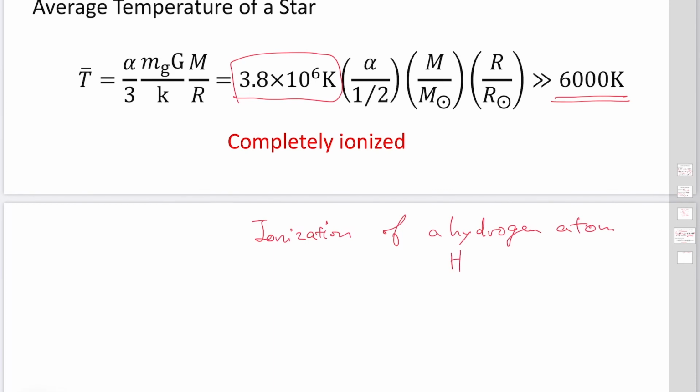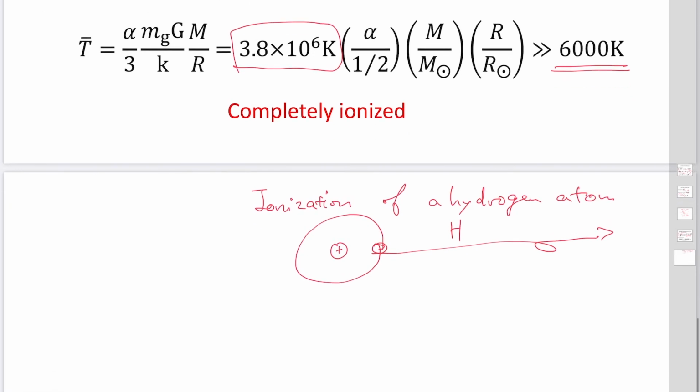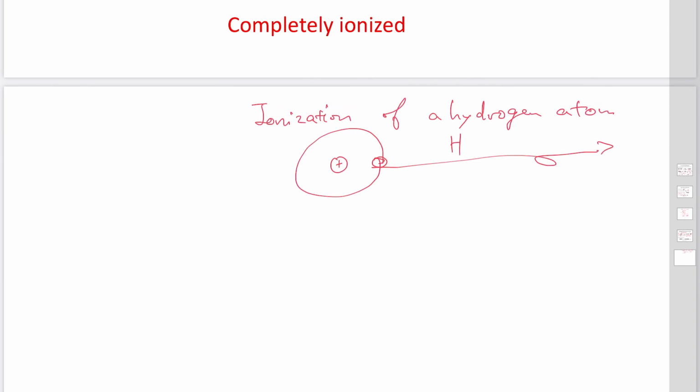Hydrogen is composed of a proton and a single electron. Ionization means the proton loses the electron; the electron moves away. Hydrogen is the most abundant element in the Sun, and its ionization temperature is 10,000 kelvins. This 10,000 kelvins is much lower than 4 million kelvins, the average temperature of the Sun that we estimated.